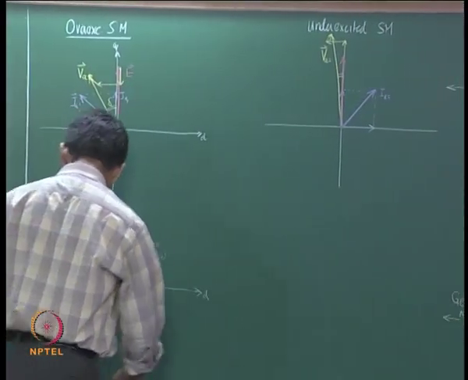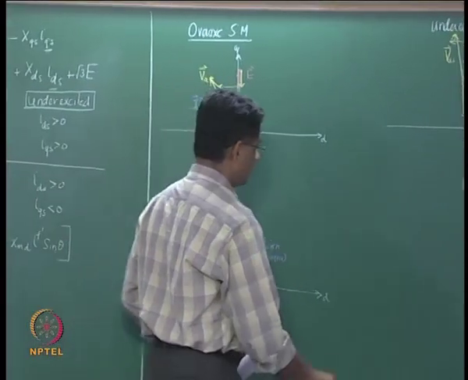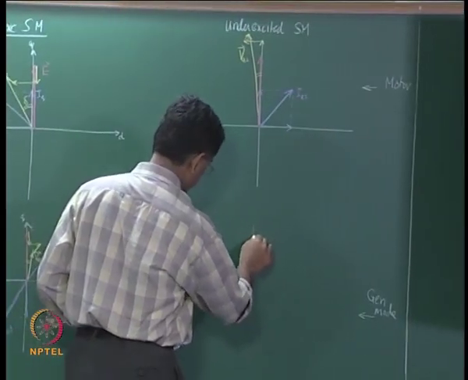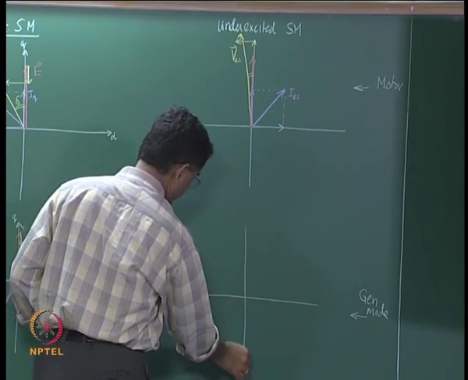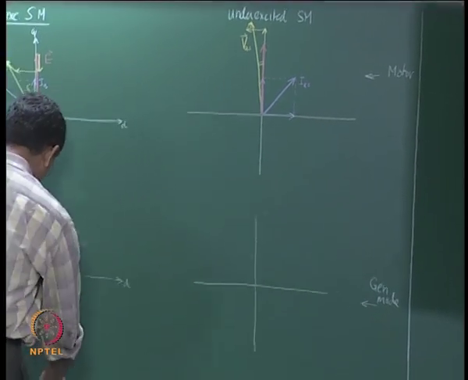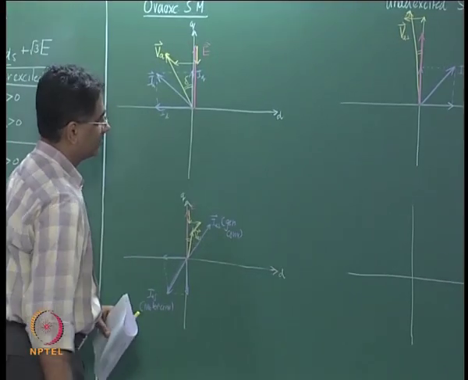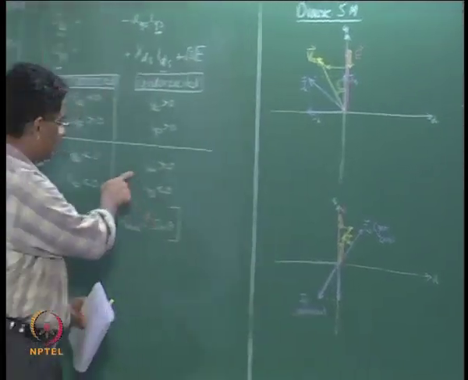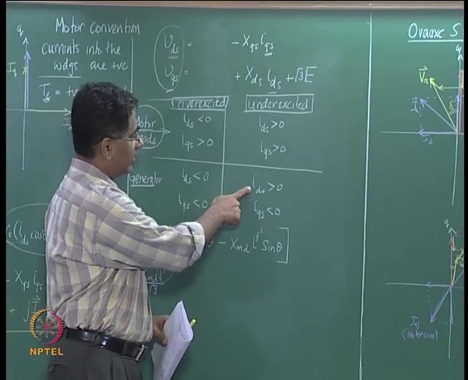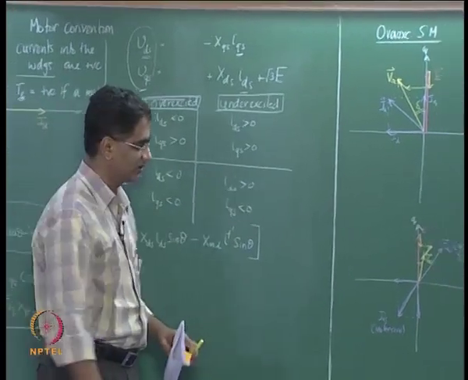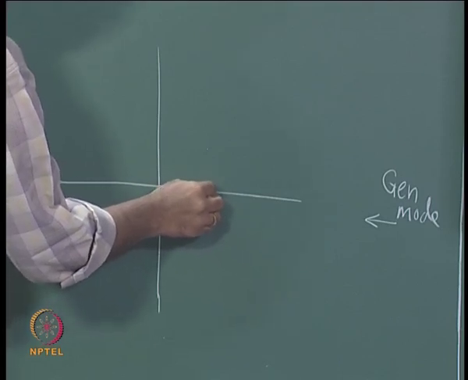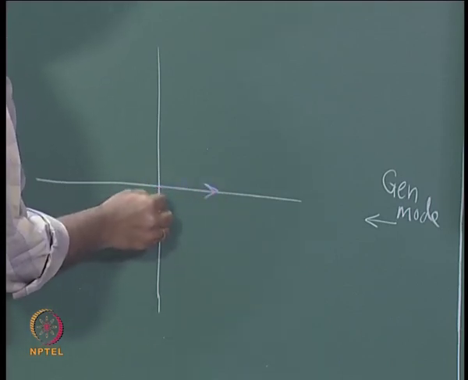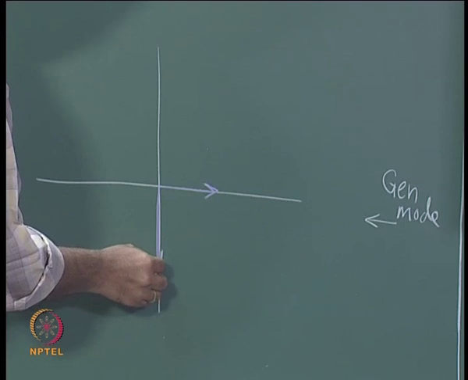So, let us go to the next one, the under excited synchronous generator. In the case of under excited synchronous generator, what you have is IDS greater than 0 and IQS lesser than 0. So, IDS is greater than 0, IQS is lesser than 0.